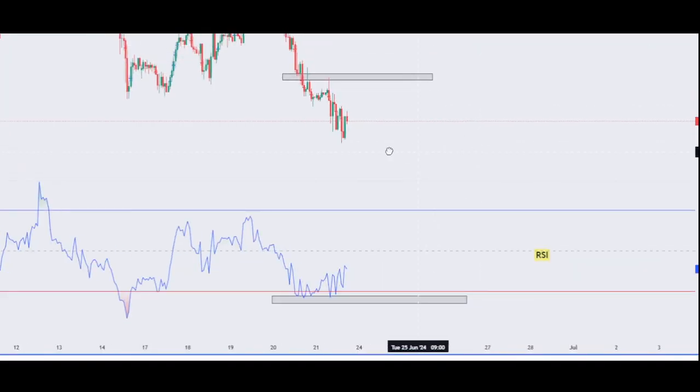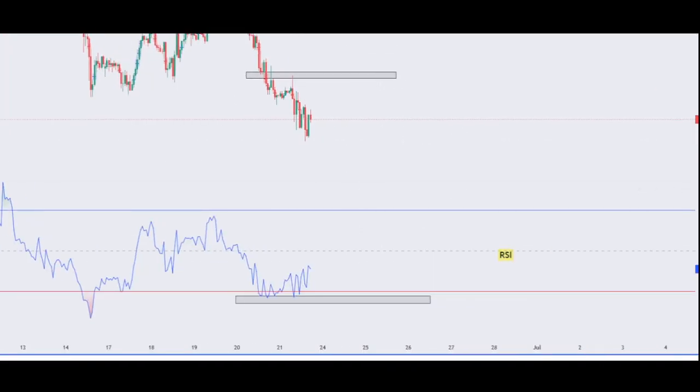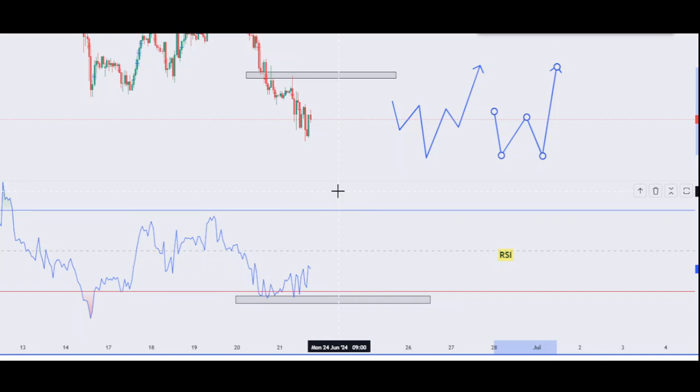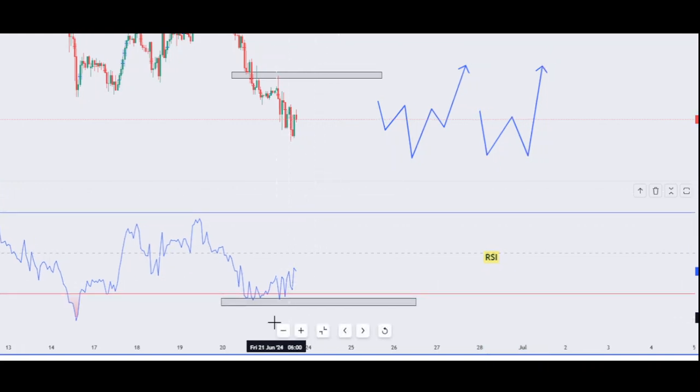Now looking at this current price action, no entry yet, whereby we need to see price give us on chart inverse head and shoulder like this so that we can buy, or double bottom so that we can take a buy opportunity to the upper side, right? Now those are the two patterns that we are looking out for.